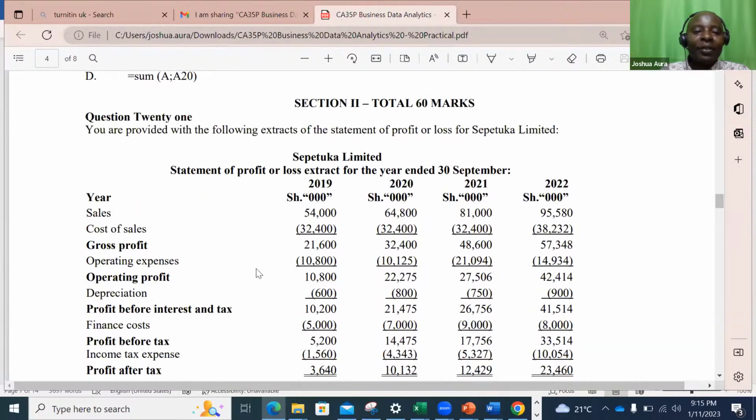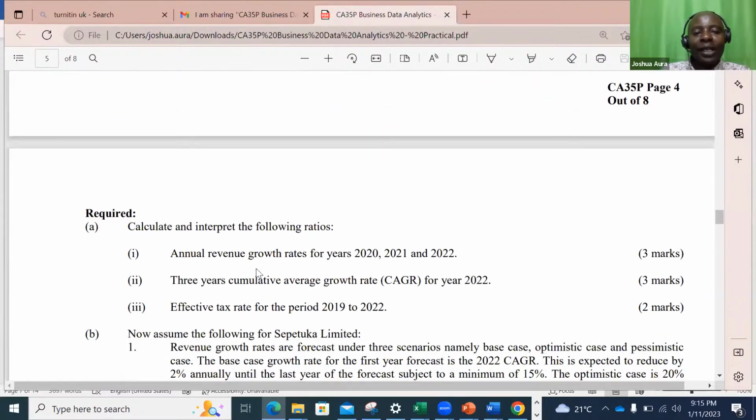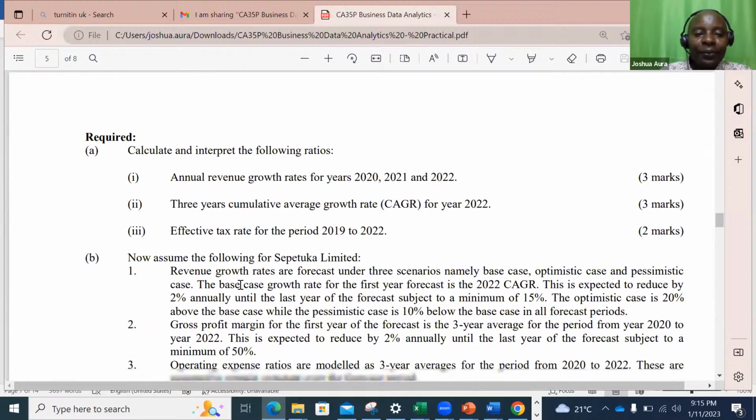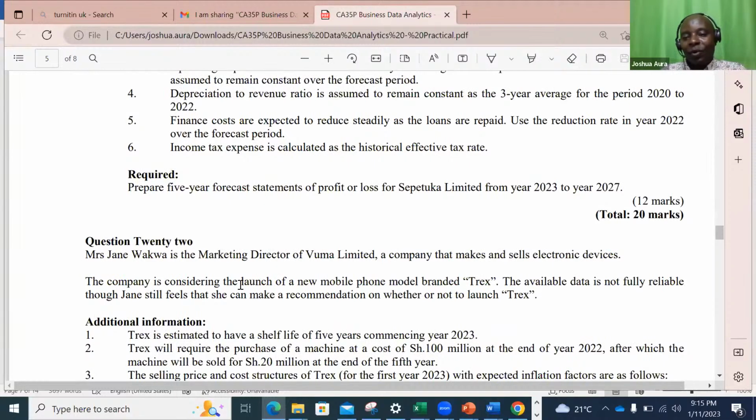And then we have section 2 here. Section 2, like here, calculate annual gross revenues, etc. Section 2, like this forecasting question was a heavy one, but I've been able to do solutions for them.